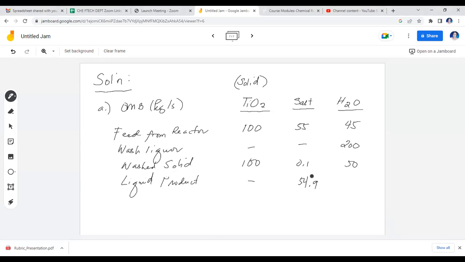While for this one, wash liquor plus 45 feed from the reactor minus 50, this is 195. Okay, you're correct. You do mass balance based on the values that you have here. I'll place an asterisk here, from mass balance.